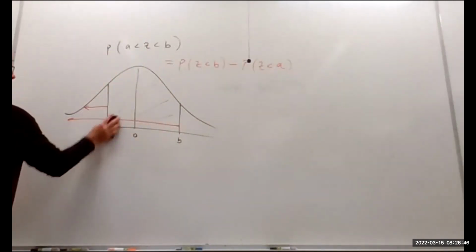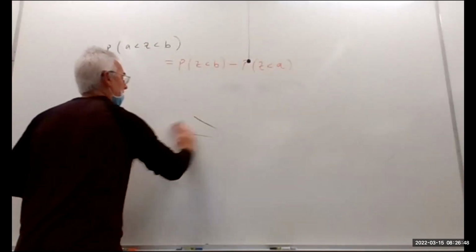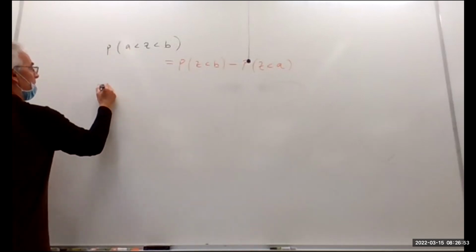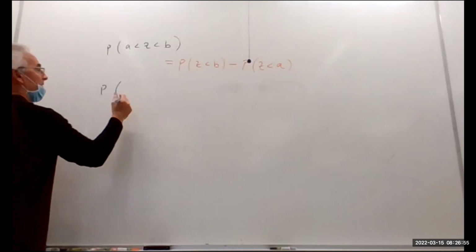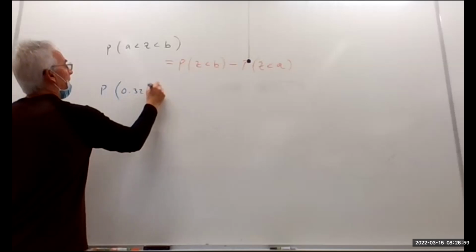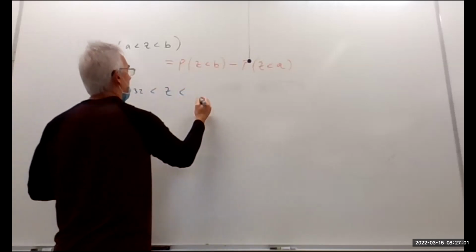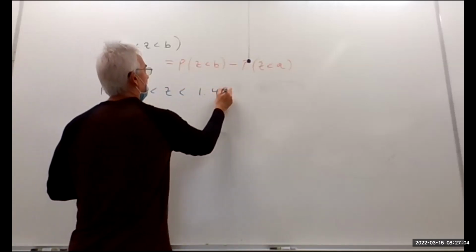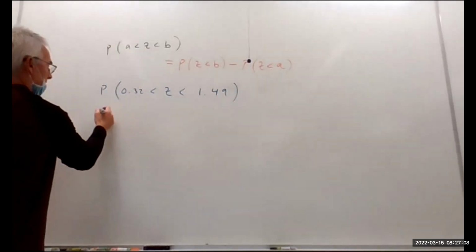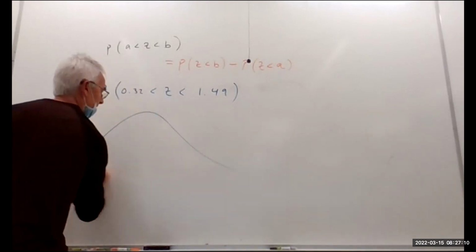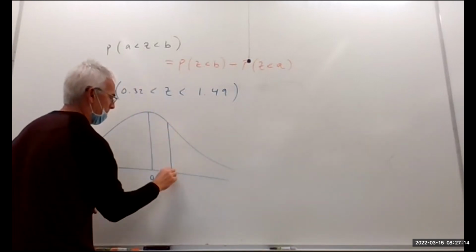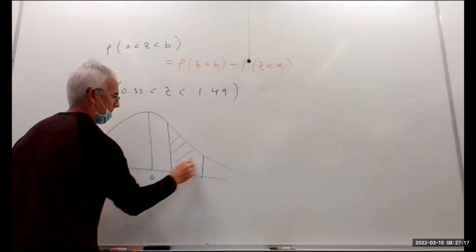So, what is the probability, and I'm going to write it this way, that Z is between 0.32 and 1.49? So on our curve, and that's 0, I'm somewhere, something like this.